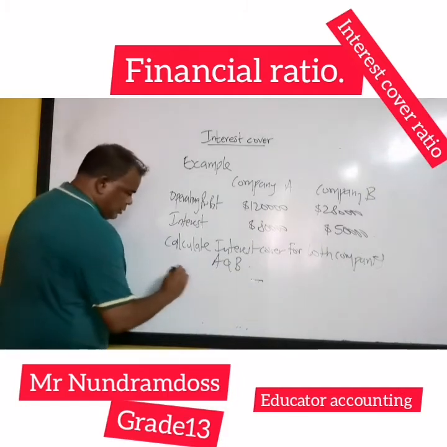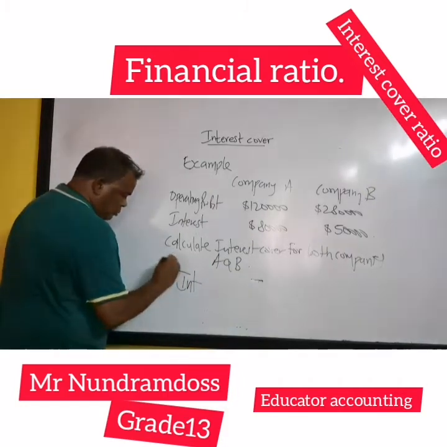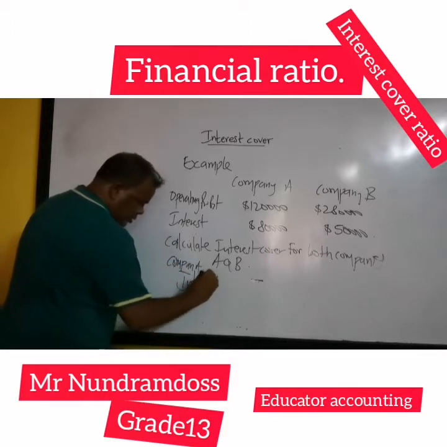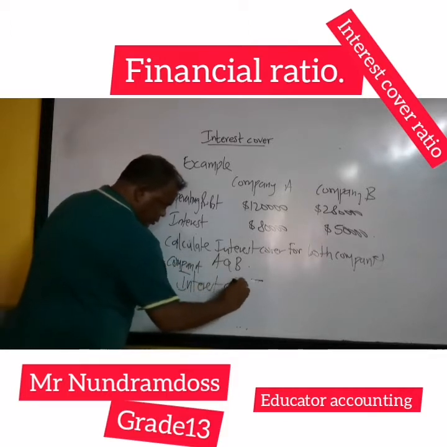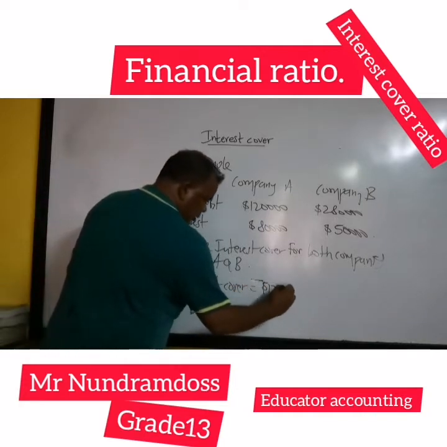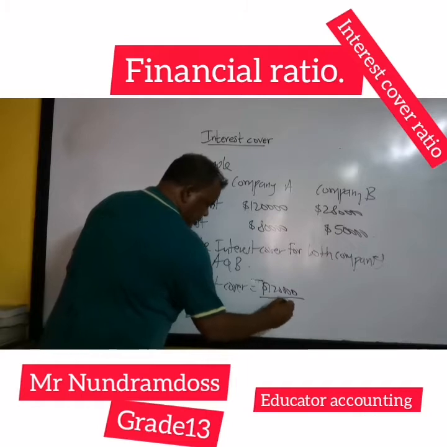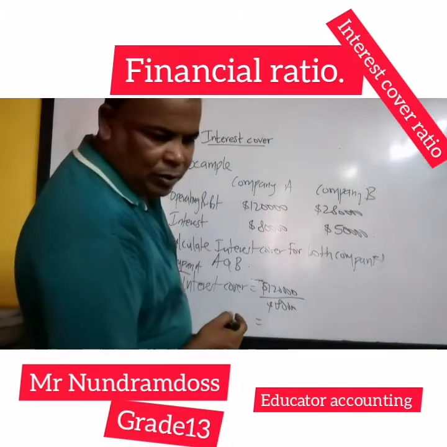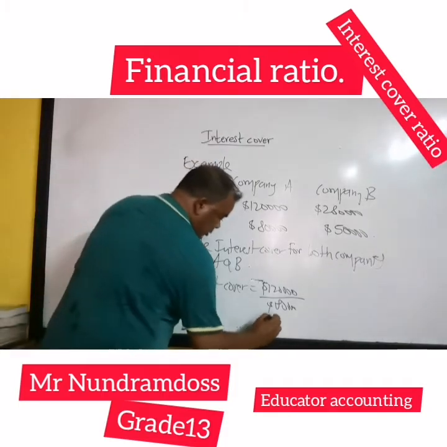Interest cover for company A. Interest cover is equal to profit before interest, 120 over interest 80,000. This will give us an interest cover of 1.5 times.